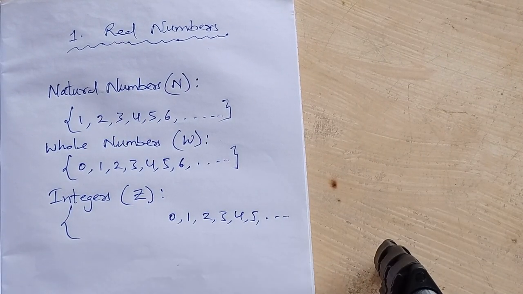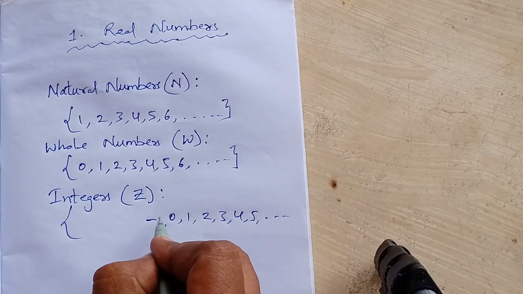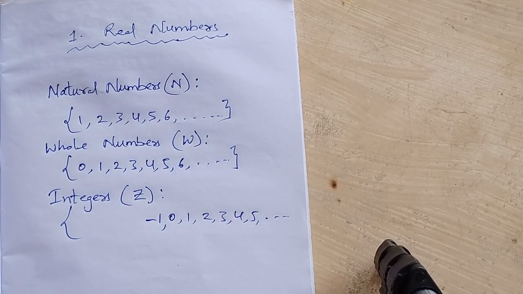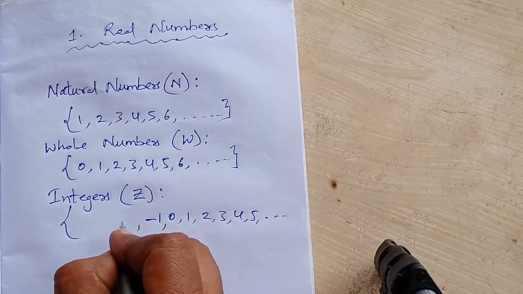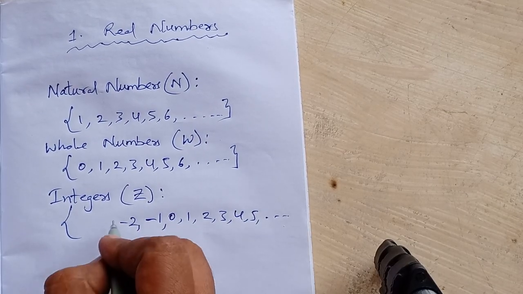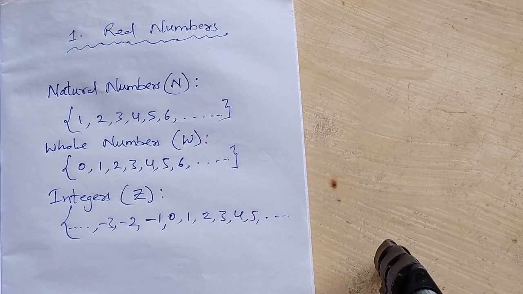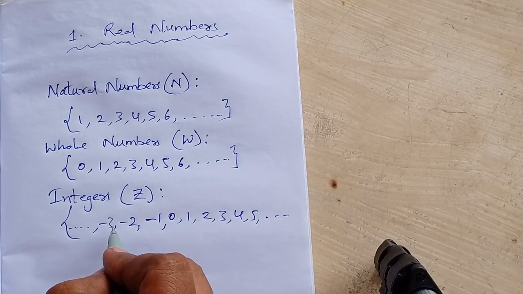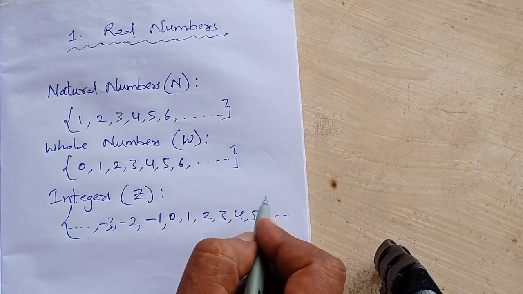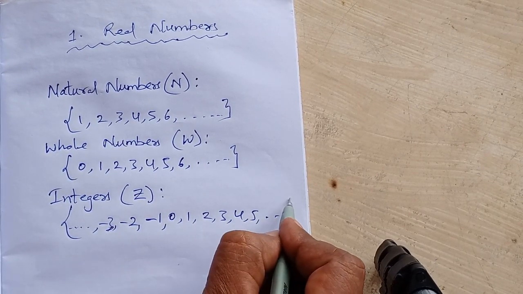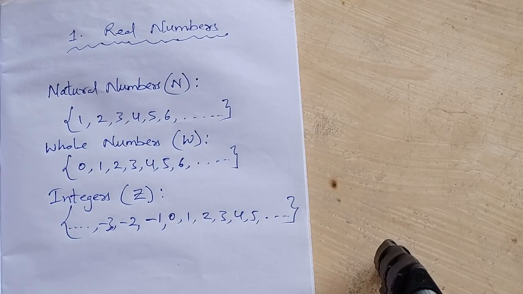We are thinking that 0 is the smallest number of all, but there are so many numbers which are smaller than 0. Now minus 1, which is smaller than 0, and minus 2 which is smaller than minus 1, and minus 3, and so on. So there are infinite negative numbers. That means there is no smallest number of all.